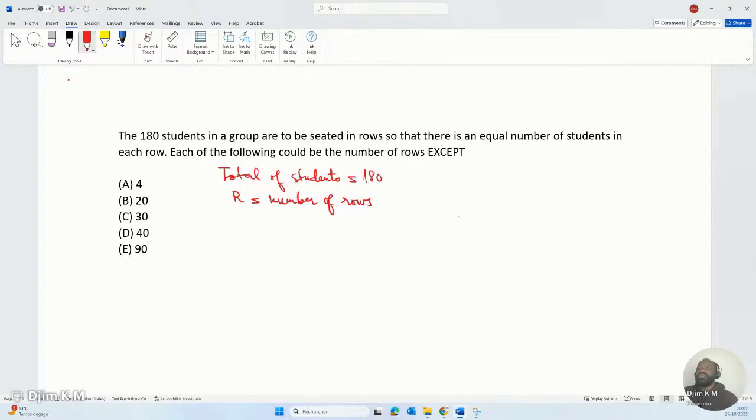So if we say n is equal to the number of students in each row, then we can have a formula like this. In order to find the number of students in each row, we have to divide the total number by r.